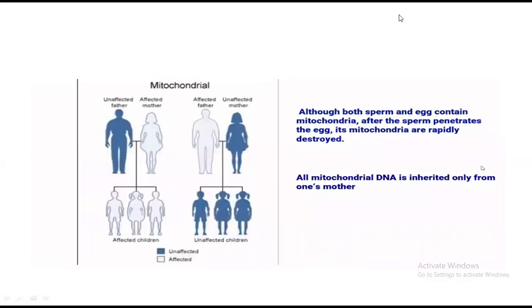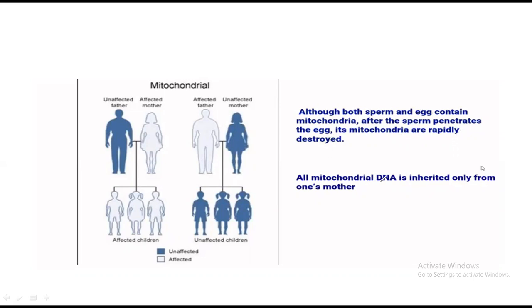One thing to keep in mind is that mitochondria come only from the mother. The mitochondrial DNA comes from the mother, not from the father. Although both sperm and egg contain mitochondria, after the sperm penetrates the egg, its mitochondria are rapidly destroyed.